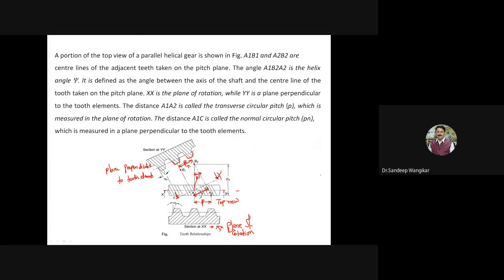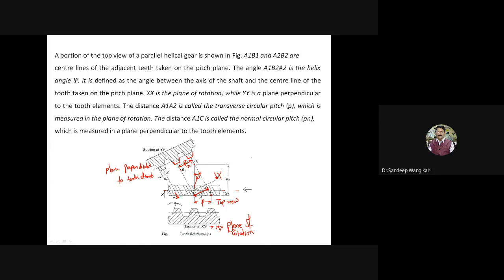This is what is shown, the normal view taken from the upper side. This is the top view, and the plane of rotation. In the plane of rotation, one section x-axis is taken, and section y is taken perpendicular, where the two teeth are cut at perpendicular.